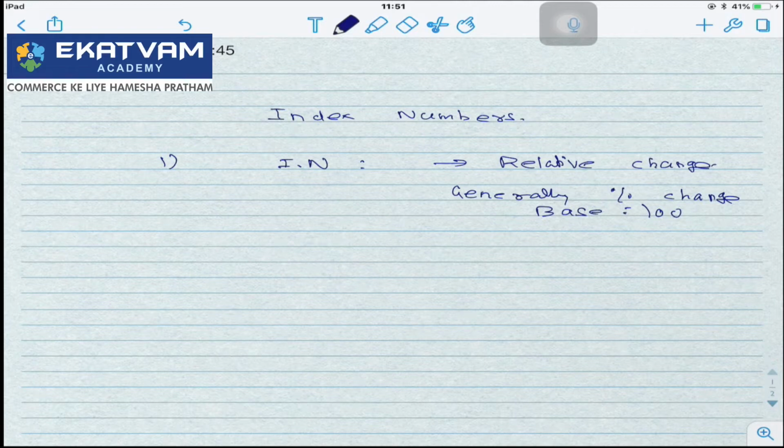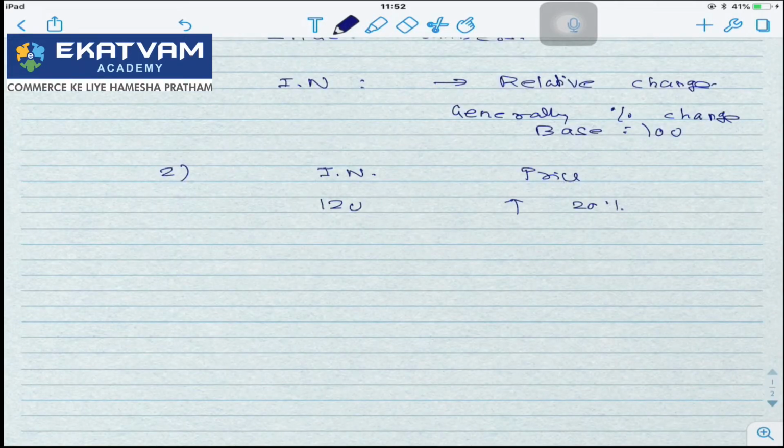My second question is going to be, what if index number is 120? What would you say about the price? It means the price has gone up by 20%. If the index number is 92, what does it mean? Price is going down by 8%.